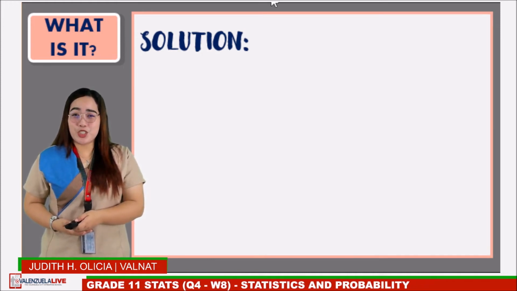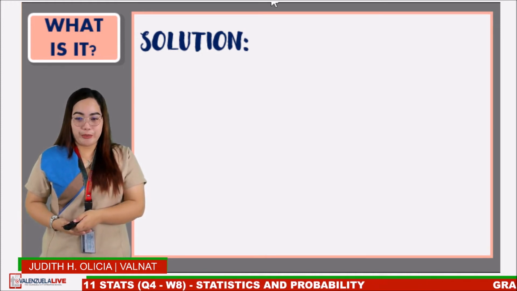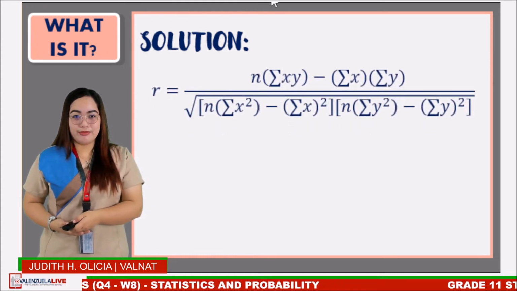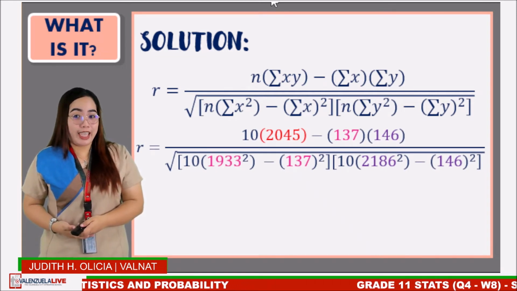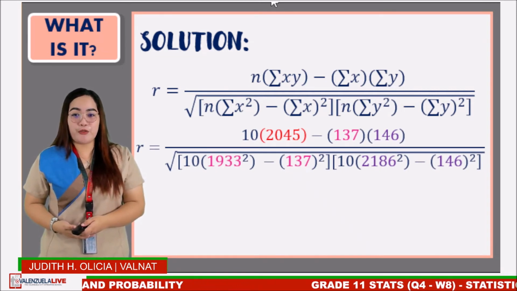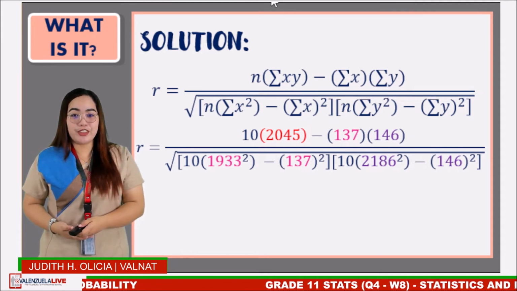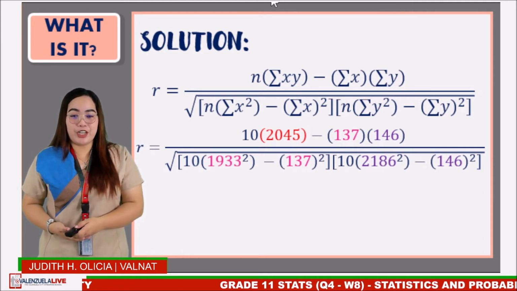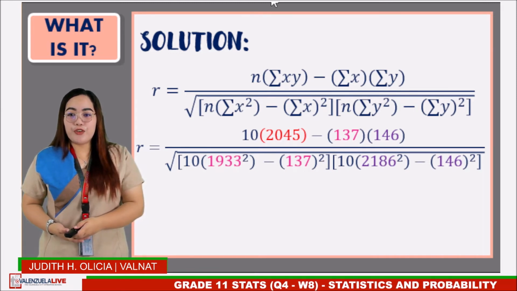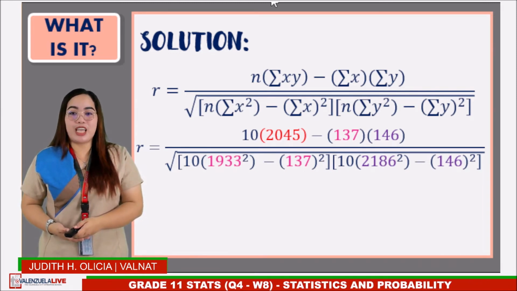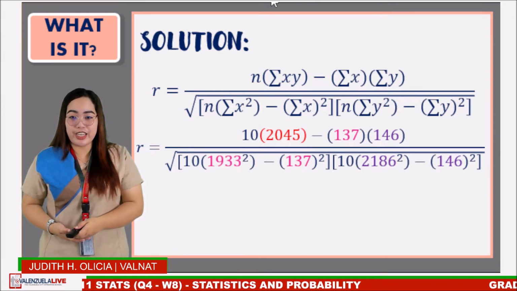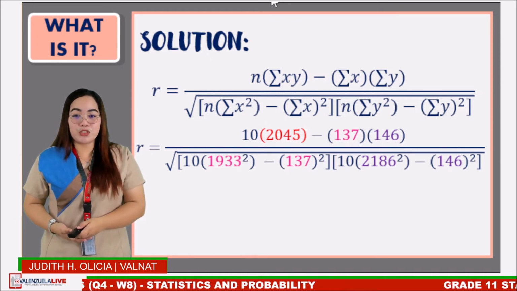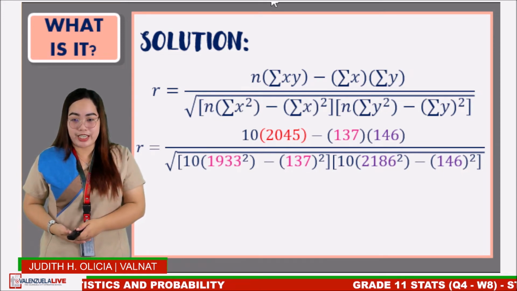Let us now substitute the given values into the formula. So r is equal to 10 multiplied by 2,045 minus 137 multiplied by 146, all over the square root of 10 times 1,933 minus 137 squared, times 10 times 2,186 minus 146 squared.